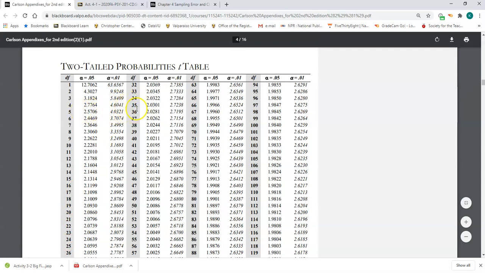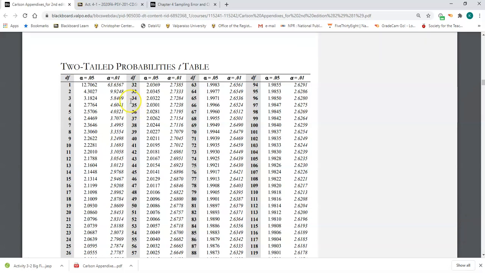So we find 35, but our DF is n minus 1, so it's 34. And then you'd come over and you'd see that under the alpha 0.05 across from 34, the value is 2.0322. So that is the value that you'll need to multiply the SEM by in order to find the margin of error.